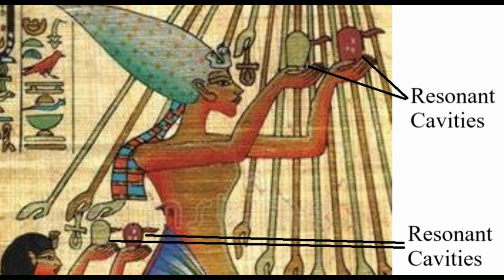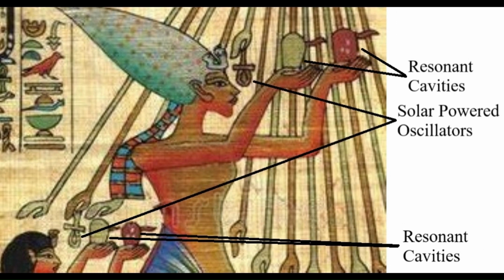When an oscillator is paired with a resonant cavity, as we see here, the oscillator generates an alternating signal that excites the cavity. If the oscillator's frequency matches the cavity's natural resonance, energy builds up inside, forming standing waves. This leads to amplified oscillations, allowing efficient energy storage and transfer.